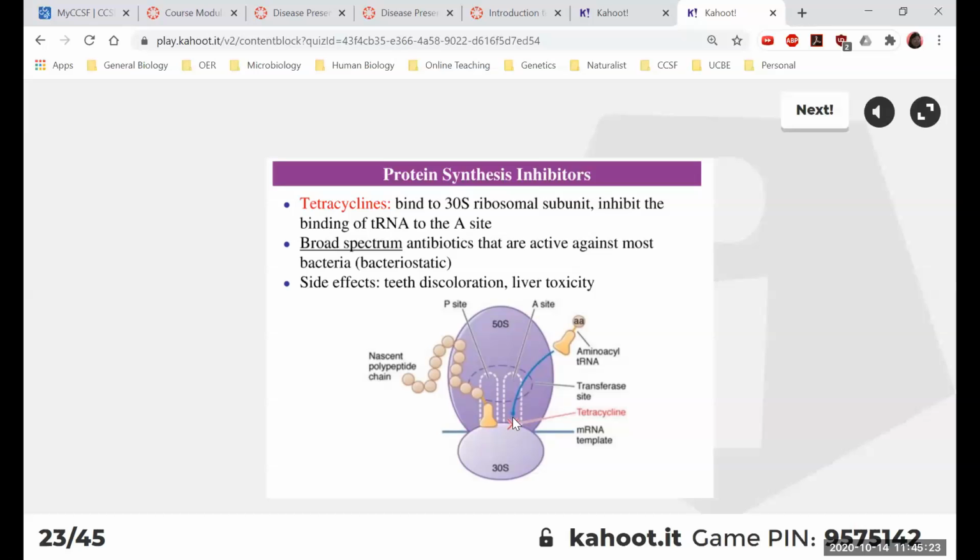So it basically causes premature termination of protein synthesis, and you end up having a protein that's synthesized probably halfway through, and then the bacterial cell does not have the proteins that it needs. Tetracycline is very broad spectrum, and it can be used for targeting a whole bunch of bacteria, and it tends to be bacteriostatic, so it's not as lethal, but it definitely prevents them from multiplying.